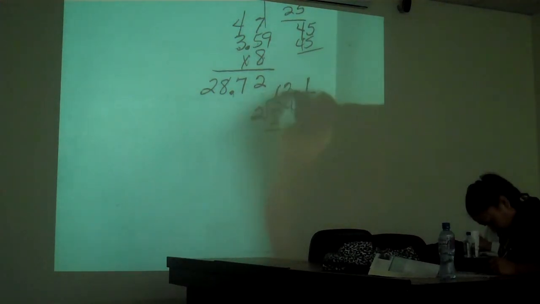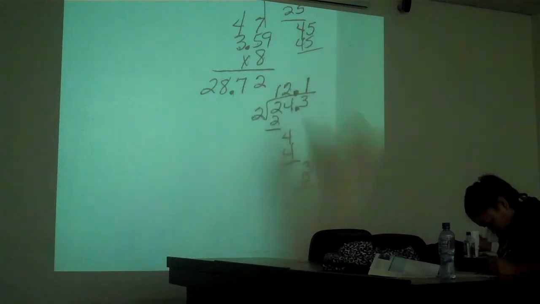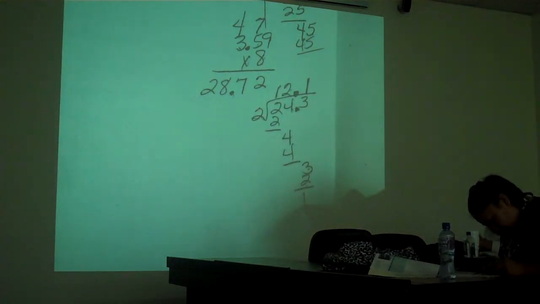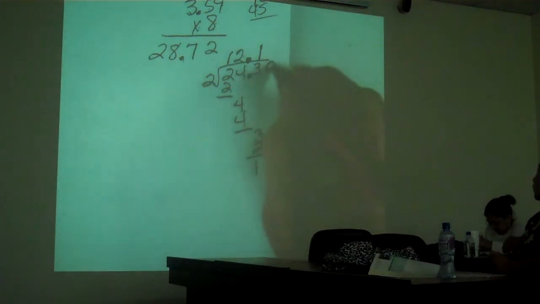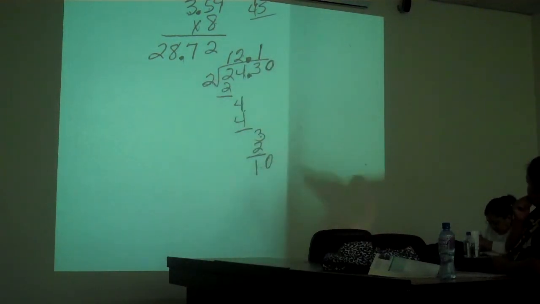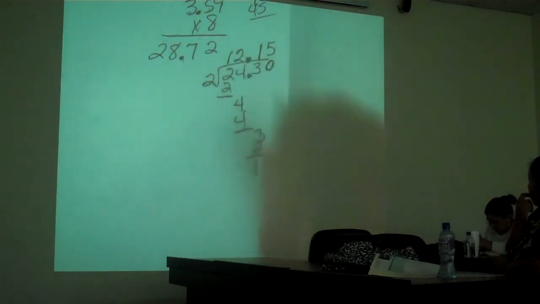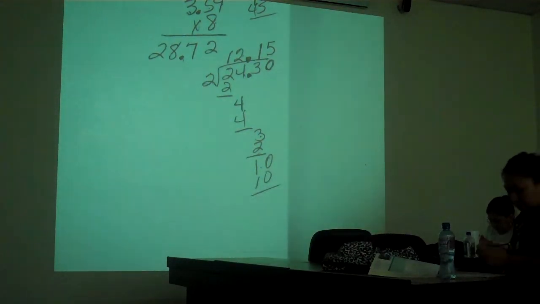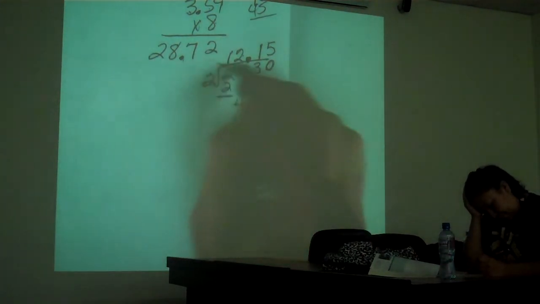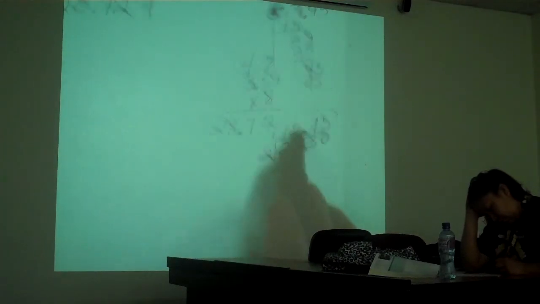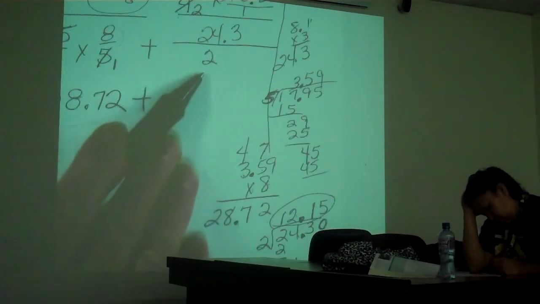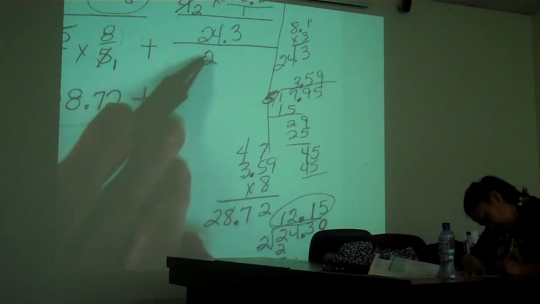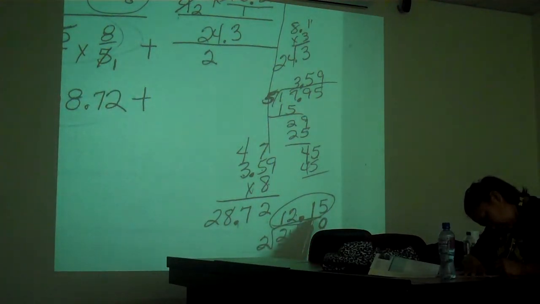We need to bring that decimal up. Okay, this is 1 left over. Are we going to put remainder? No, you have to add a 0. We need to keep going. 2 into 10? 5. And now it came out even. 24.3 divided by 2 is 12.15.